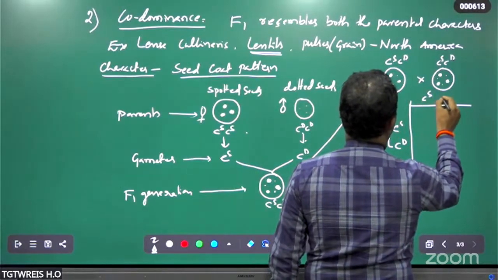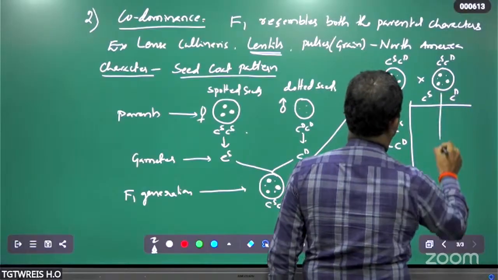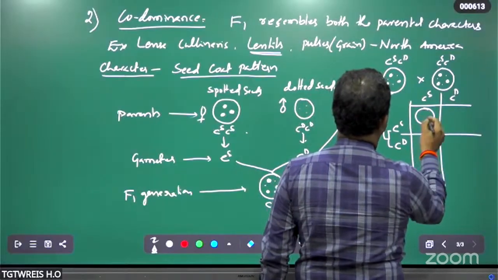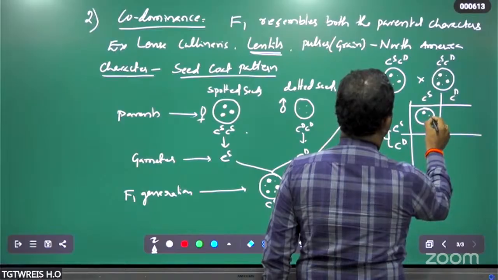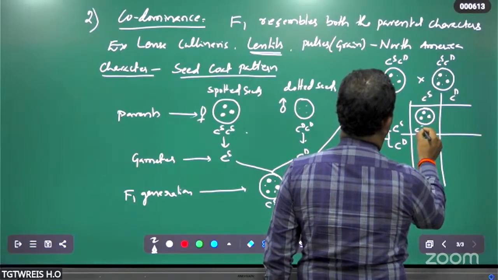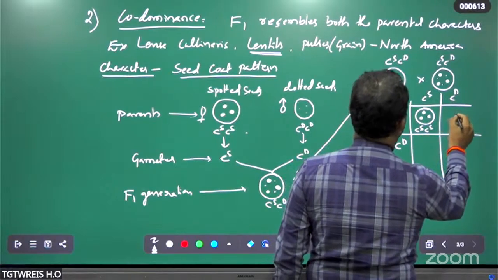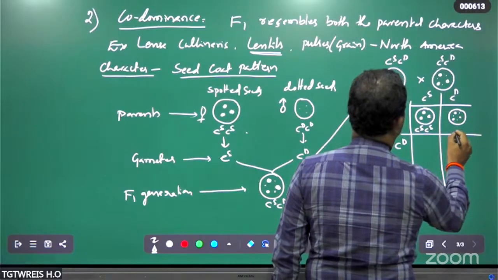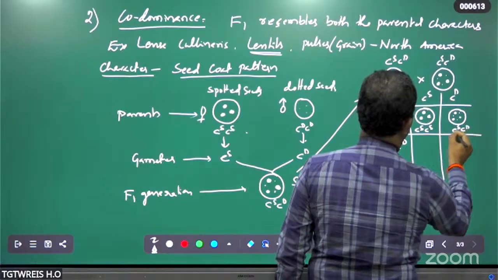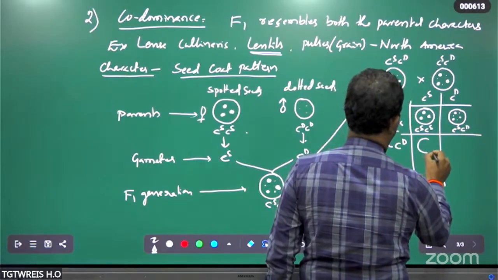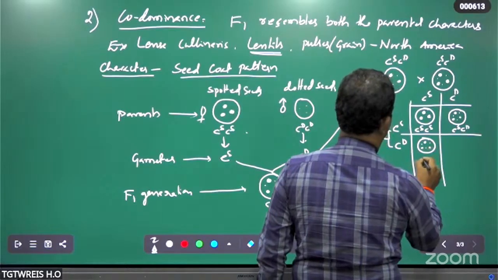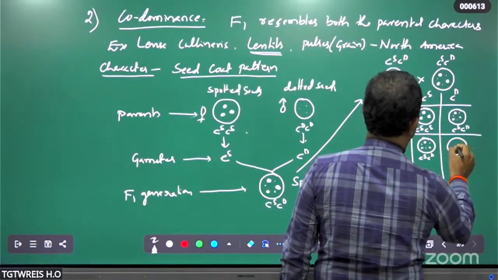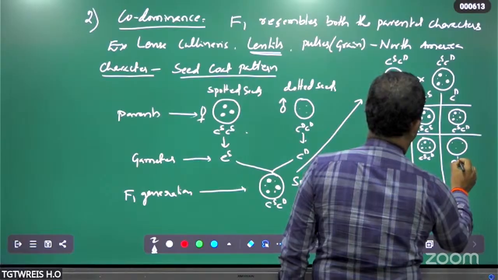The gametes are CS and CD. When we cross them, we get CS CS, CS CD, CS CD, CD CD.